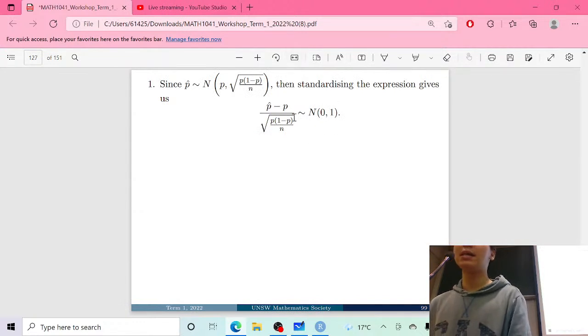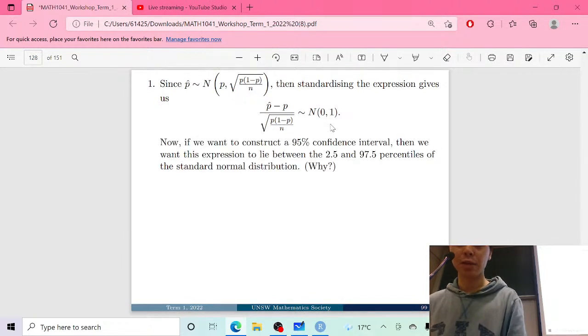Once we standardize it, we get a standard normal distribution. And then to construct a 95% confidence interval, we want to find the probability that this proportion lies between the 2.5 and 97.5% percentiles. And I'll let you think about why we're looking at 2.5 and 97.5%.